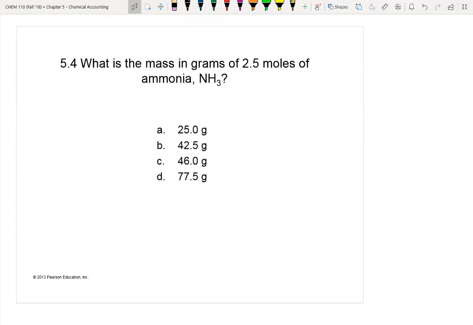All right, what is the mass in grams of 2.5 moles of ammonia, NH3? So you might need paper for this one.